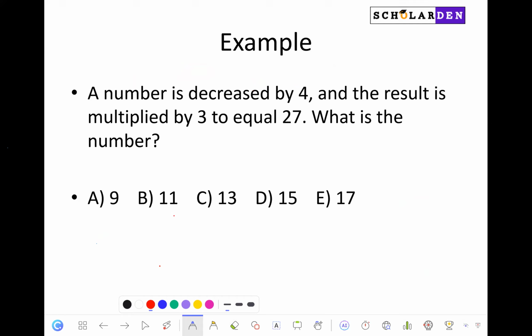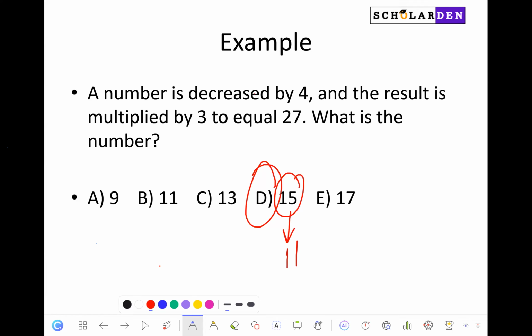Absolutely, options will also reveal the story. So let's quickly do this by back solving. Let's assume that the number is 15. If we were to decrease this value by 4, what would we get? We would get 11, and 11 times 3 is 33.